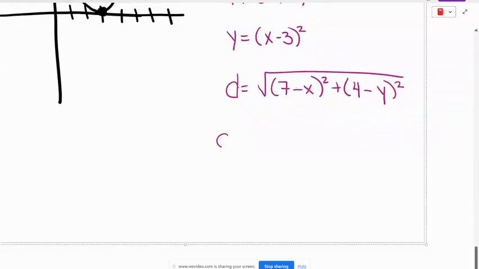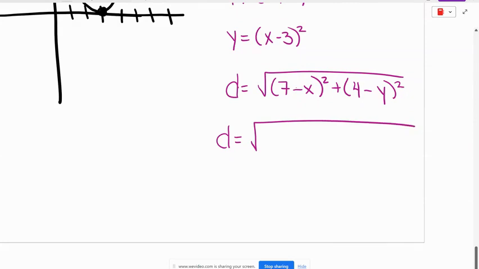So we're going to have d equal to the root of (7 minus x) squared plus (4 minus, open your parentheses, (x minus 3) squared, close your parentheses), and then we're squaring it. Oh boy, this is going to be obnoxious.